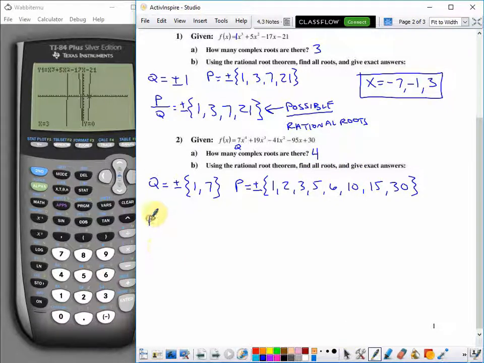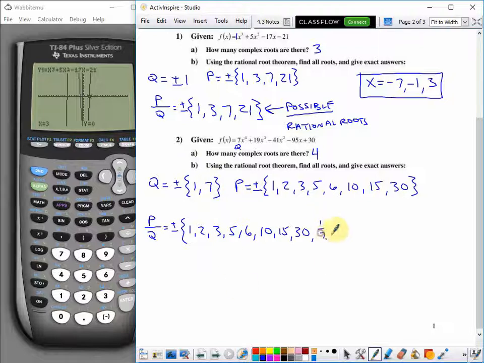So P over Q is plus or minus all the P's over all the Q's. So all these P's over 1 is 1, 2, 3, 5, 6, 10, 15, 30. And all the P's over 7.